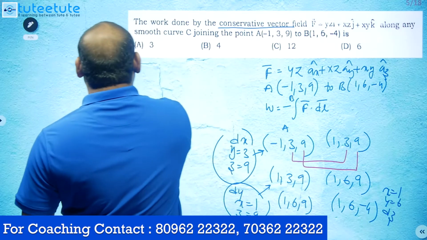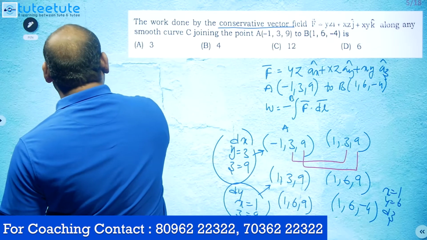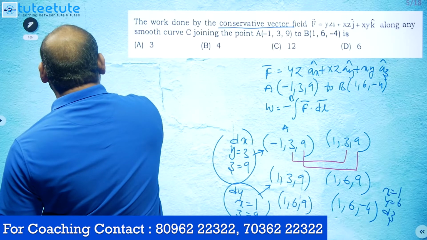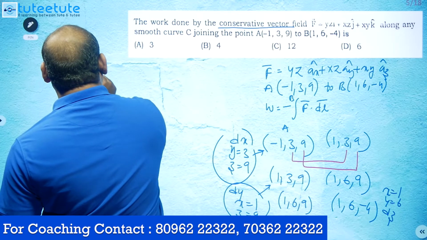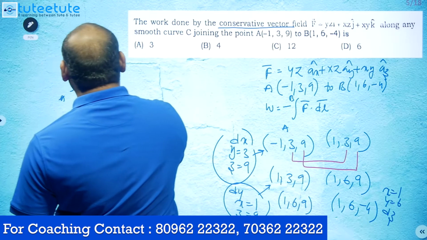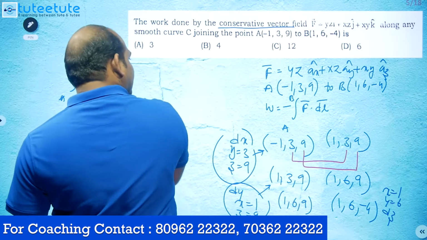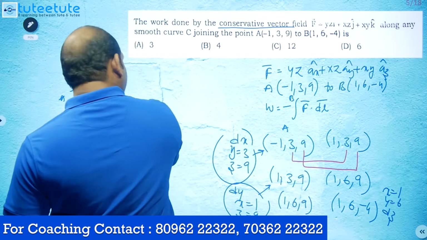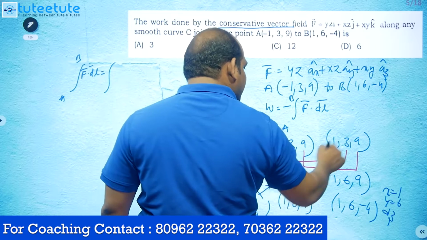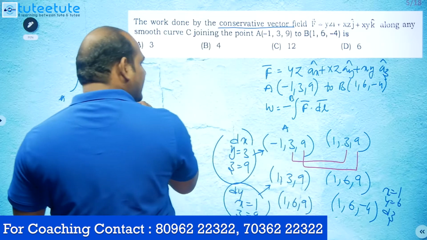So whatever integral is there, the integral from a to b of F bar dot dl bar, can be split into 3 integrals now. In the first integral, only the x value is changing.